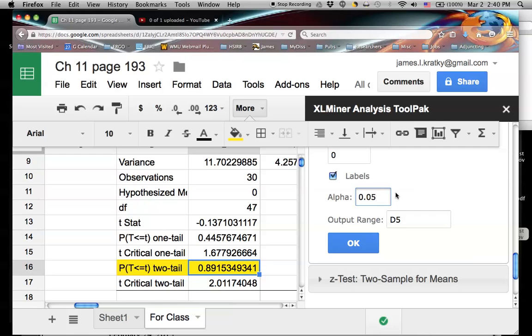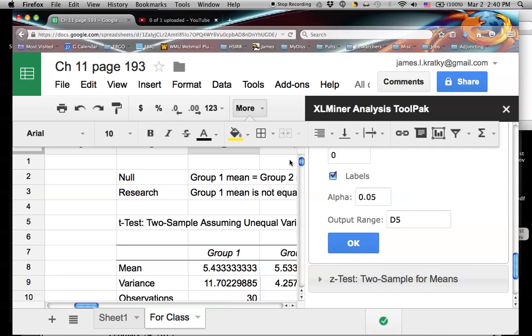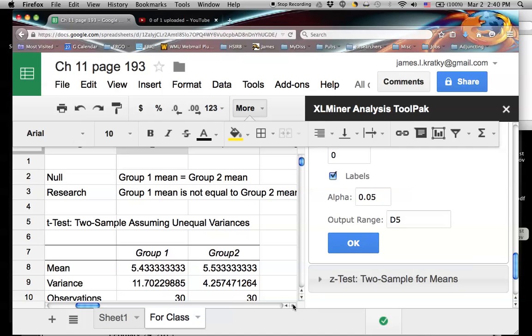So we don't have a strong enough result here to reject the null hypothesis. So we would still assume that the group 1 mean is equal to the group 2 mean. And that is the test from the textbook beginning on page 193.